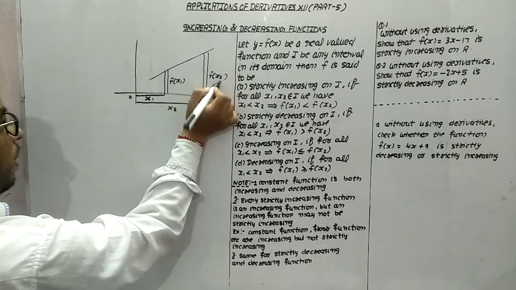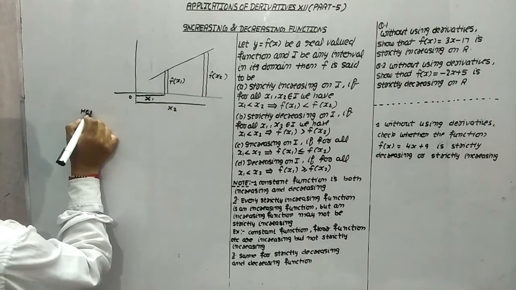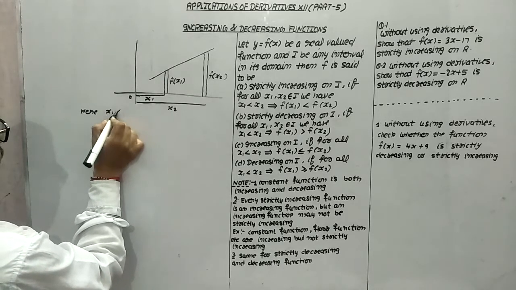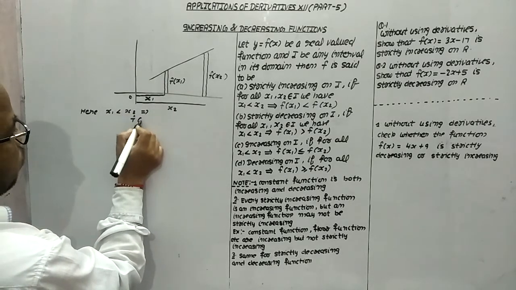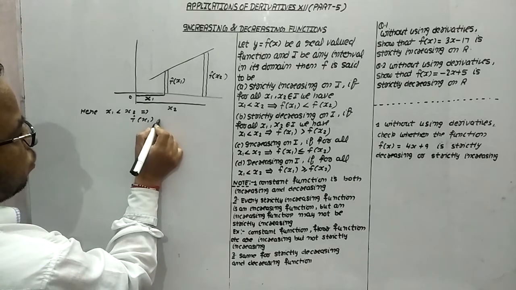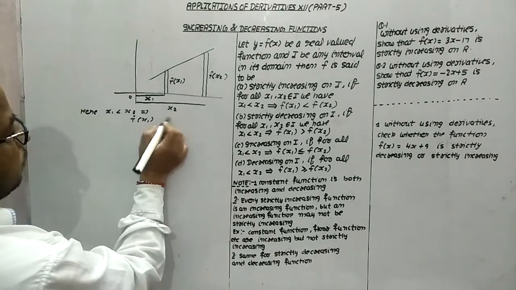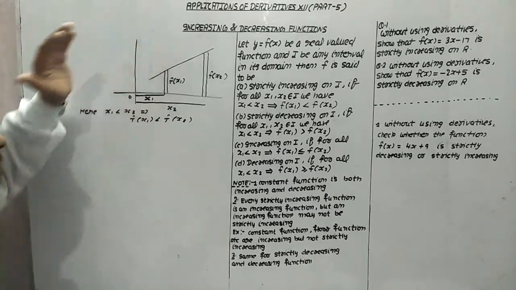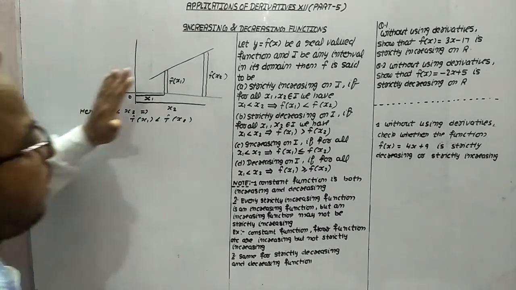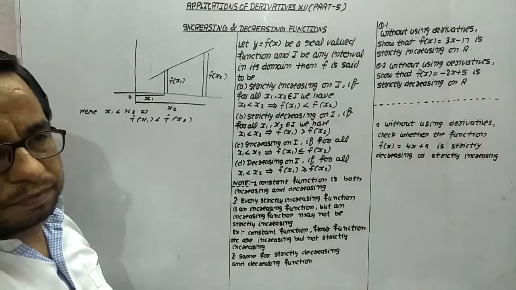Now what we are observing here is x1 is less than x2, which implies that f(x1) is also less than f(x2). It is showing that the graph of this function is strictly increasing.